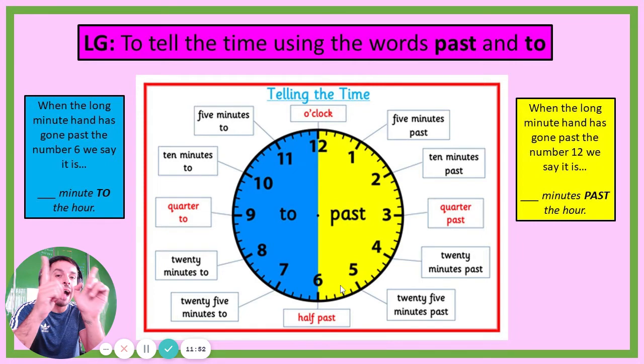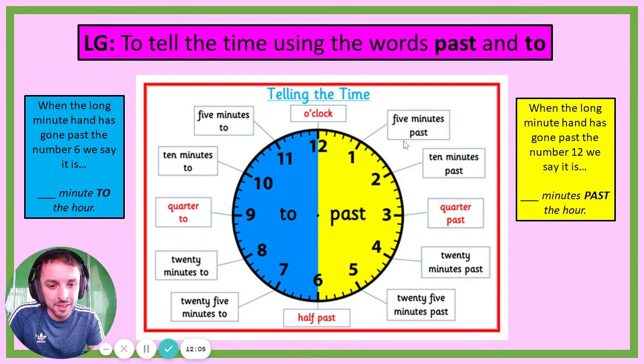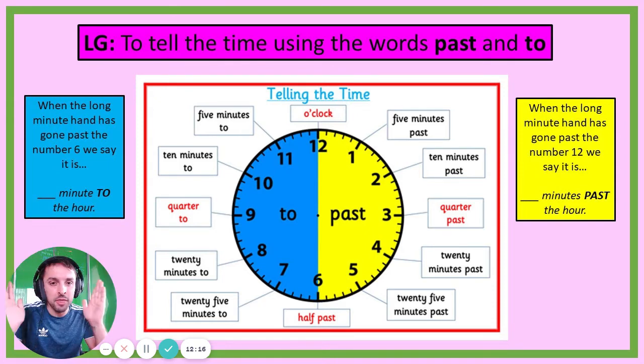When the big hand is here, we say 5 past, then 10 past, then, oh, this one is special, quarter past. I'll explain in a minute. So 5 past, 10 past, quarter past, then 20 past, 25 past, and then when you get to 6, 30 minutes, you say half past.